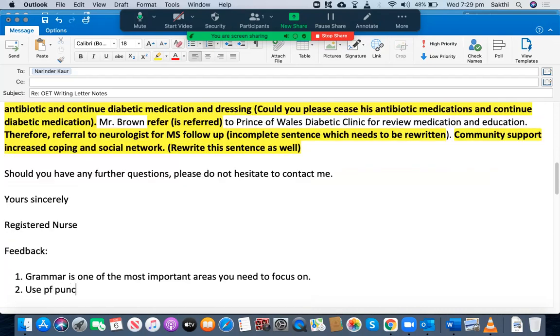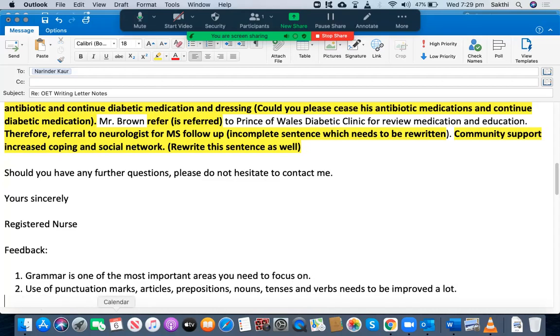Use of punctuation marks, particularly use of punctuation marks, articles, prepositions, nouns, tenses, and verbs needs to be improved. Needs to be improved a lot. Okay, so you need to go through all these things and then appropriately correct those mistakes.